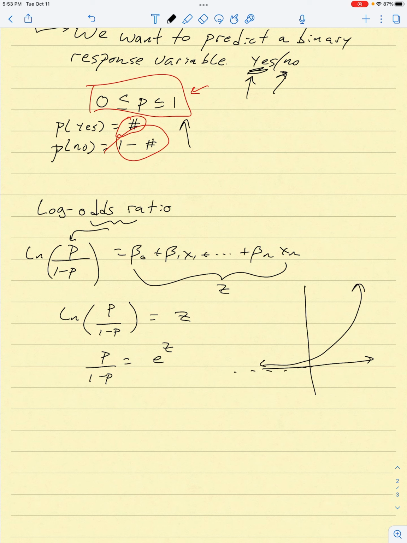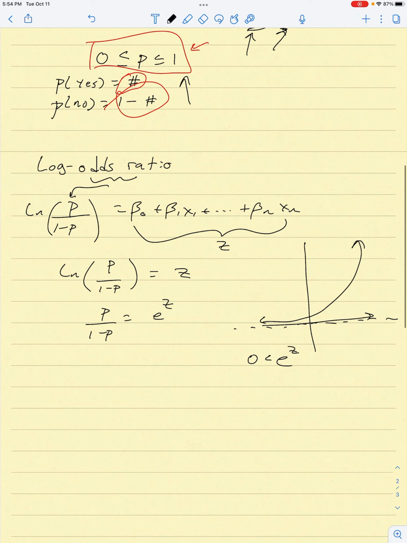So it has a lower bound at 0. So e to the z is, that's a bad z again, always going to be greater than 0. So this piece has been addressed. We've been able to get that much. Now we want to get this much. And we're going to see that it works out when we go through the algebra. So if I want to solve this equation for p, I have to multiply both sides by 1 minus p.